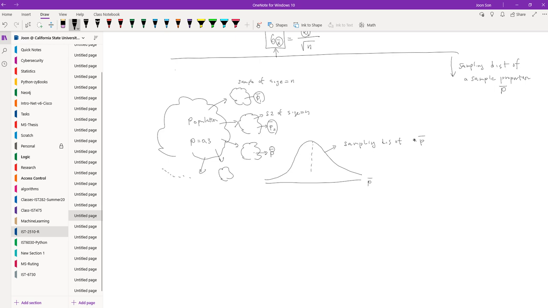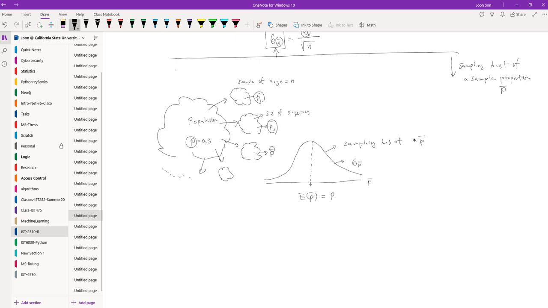If you look at the mean, which is known as the expected value of this P bar, it is exactly the same as P, the population proportion. And what we are also interested in is the sigma of this P bar, the standard deviation of sample proportions.